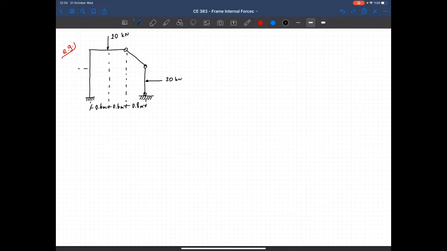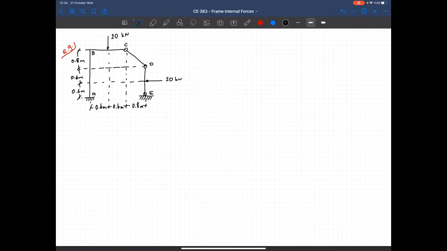And let me draw this is 0.8. This 30 kilonewtons is applied at the middle, 0.6 meters and 0.6 meters. Okay, and let's put the labels. This is point A, point B, C, D, and E.